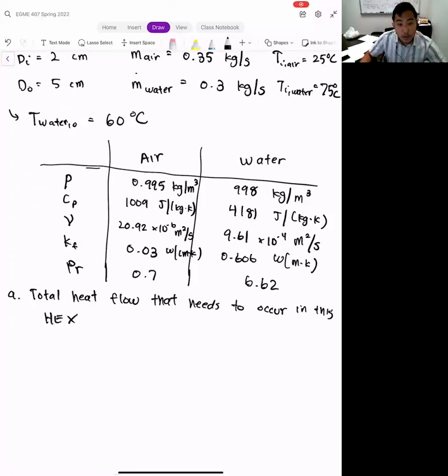All right, and so luckily in this problem, we are given the outlet temperatures of the fluid. And so if we're given both the inlet and the outlet temperatures, we can compute the heat from that.